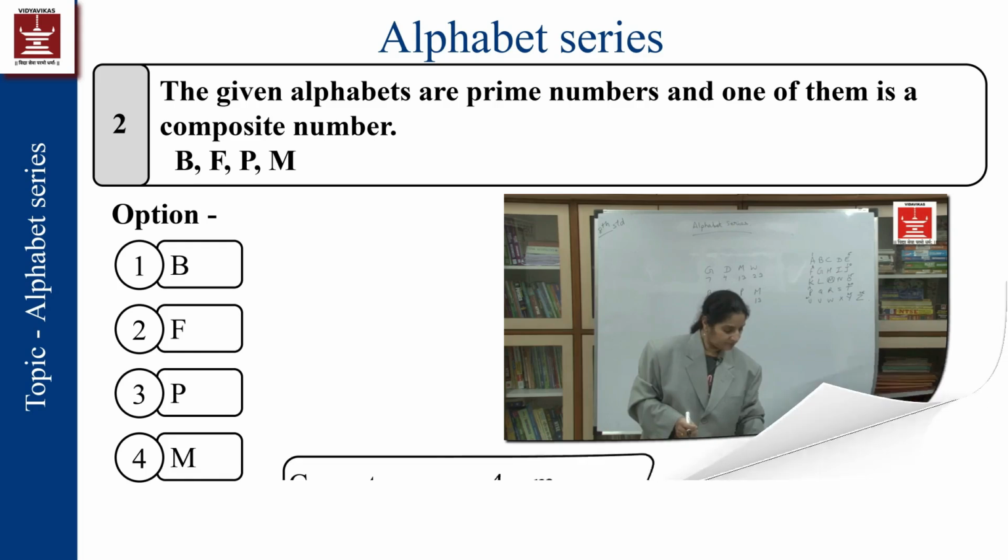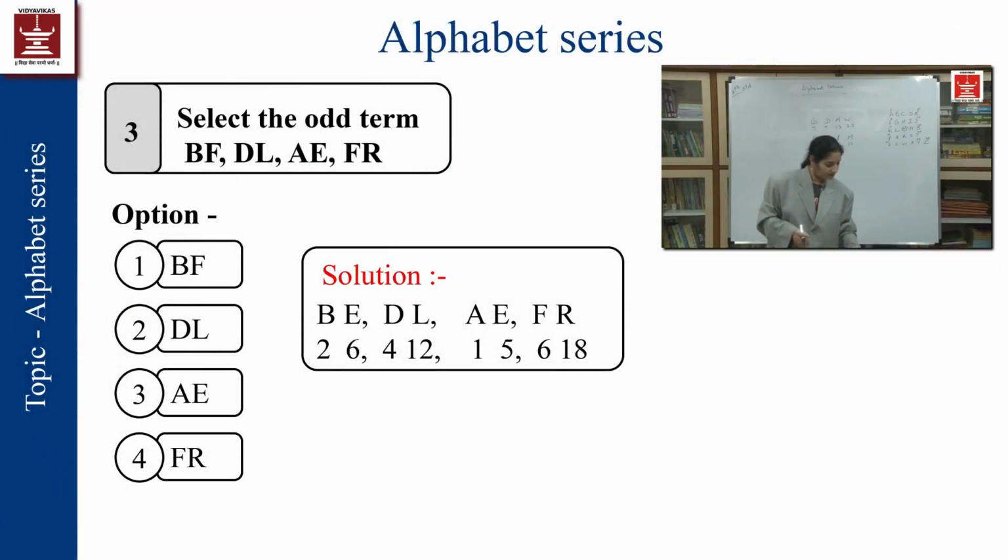Now some other examples we'll go through. That is BF, DL, AE and FR. Just look at them, look at the positions given to them, and see if there is any relation.